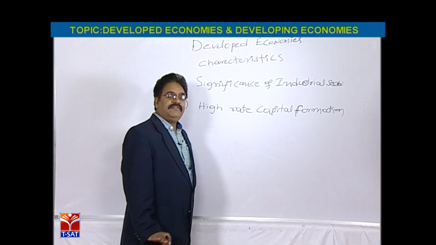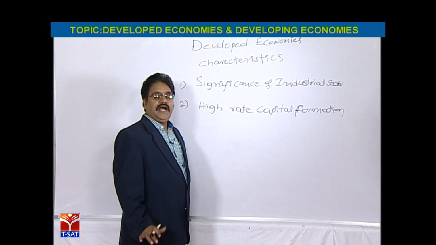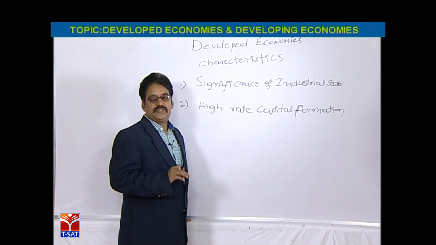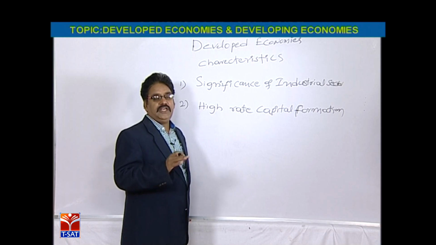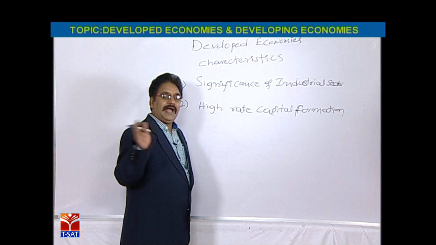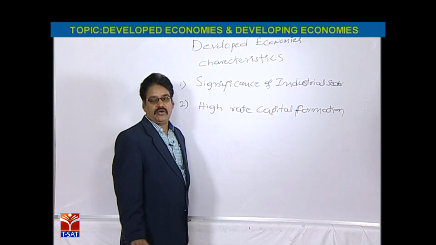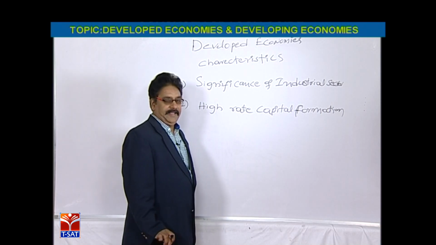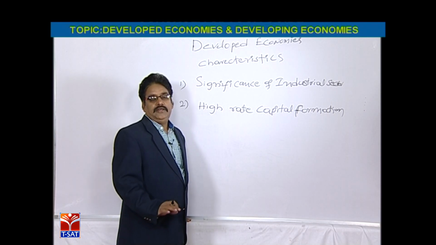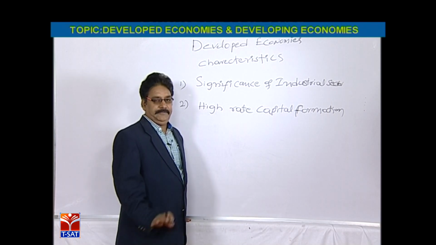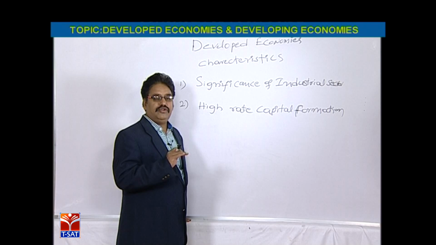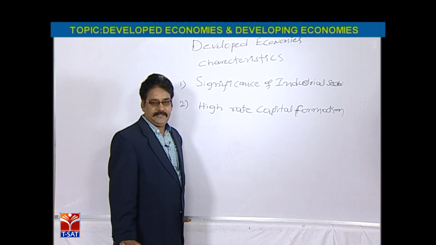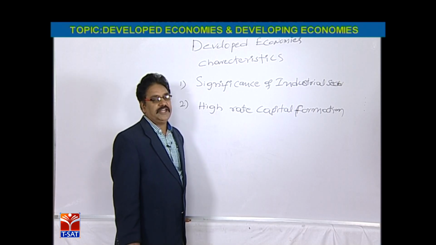In this way we can say there is a high rate of capital formation. What is the meaning of capital formation here? Adding new capital to the already existing capital stock. Every year new capital stocks are added to the existing stock; that is called capital formation. Capital formation takes place when gross domestic savings are high, then savings turn into investment, and investment turns into capital.